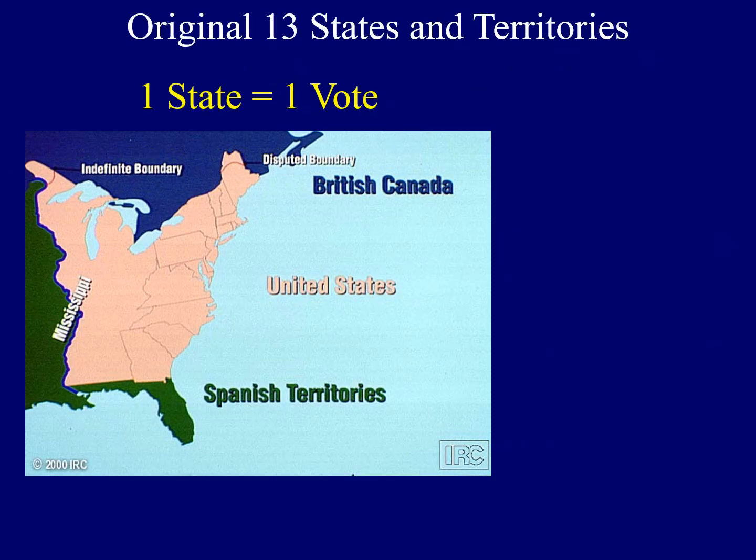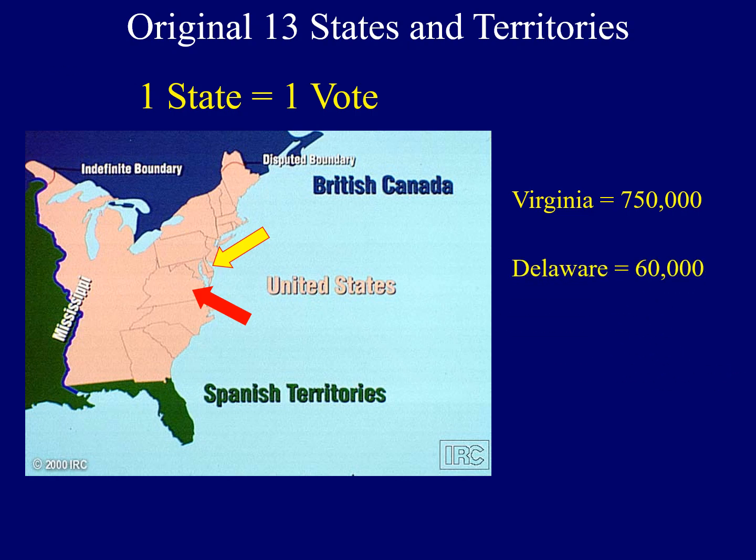Each individual state had a lot of power under the Articles. One state had one vote. So this meant that a large state like Virginia, with a population of about 750,000 people, had as much political power and clout, so to speak, as a state like Delaware, with only 60,000 people. Was this going to be a nation based upon the power of the people or the power of individual states?